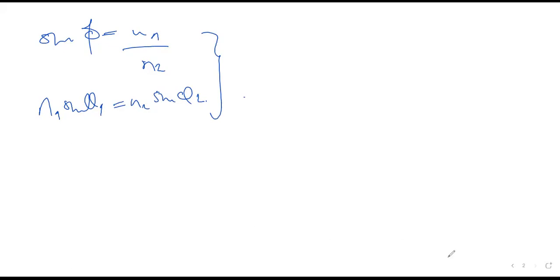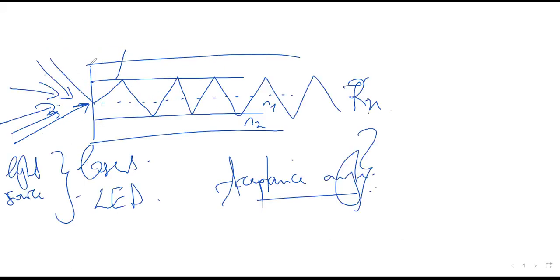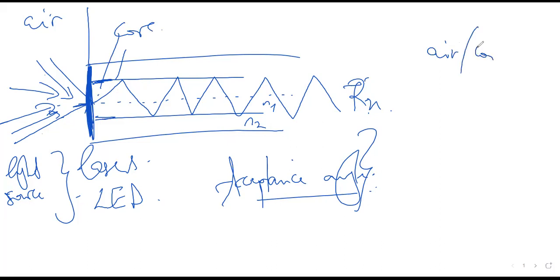for example, here we have a boundary between air on this side, or any medium the light source is in, it can be air, it can be water, and the core. So we have an air-core boundary or interface.